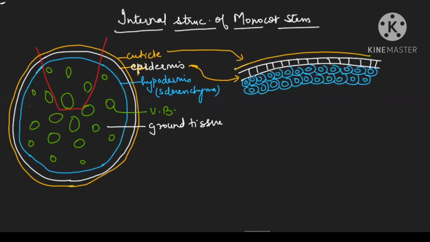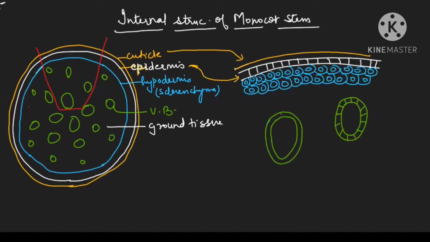Now we have to draw the vascular bundle. I'll take 2 vascular bundles here. See carefully. I'm taking 1 vascular bundle and here another vascular bundle. Vascular bundles are surrounded by a bundle sheath. So I'm drawing the bundle sheath. Bundle sheath cells are sclerenchymatous, made up of sclerenchyma.